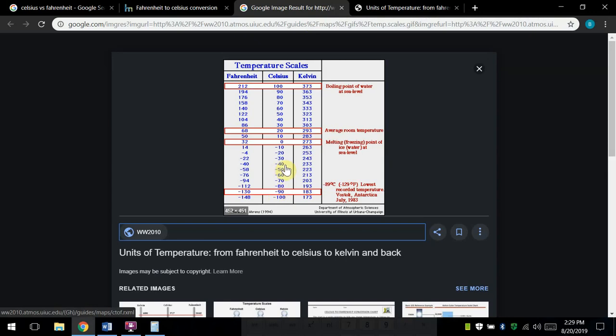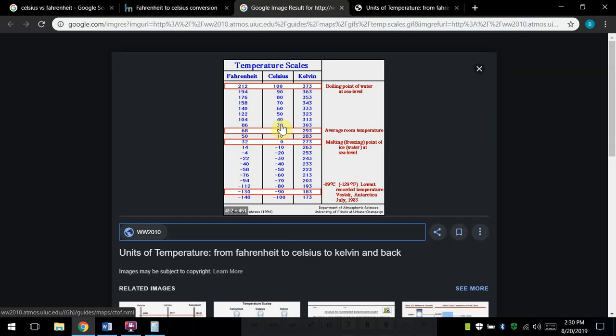So here's some examples. We start from 0. You add 10. At 10 degrees, it's 50 degrees Fahrenheit. 20 degrees is 68 degrees Fahrenheit. And this used to be the laboratory standard, 20 degrees. But now it's 25 degrees, and 25 degrees is 77 degrees Fahrenheit.